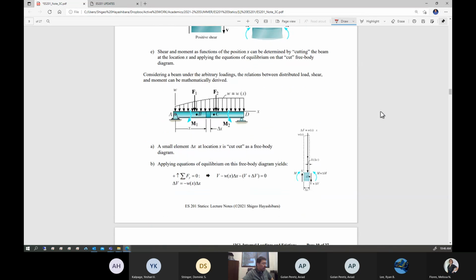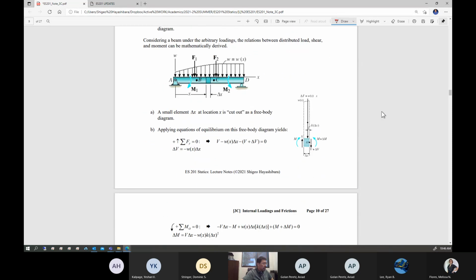So now let's take a look at more details here. This is a general situation of a beam under a variety of loading. Okay, it could be under point loading, point moment, or distributed loading. So let's take a look at the distributed loading.